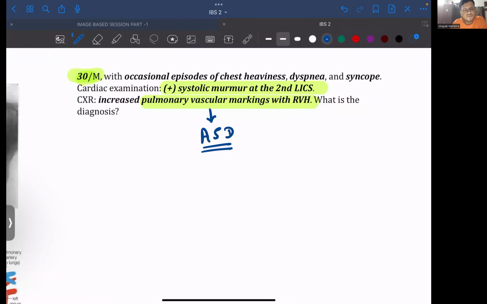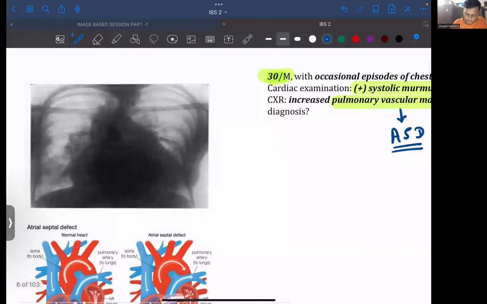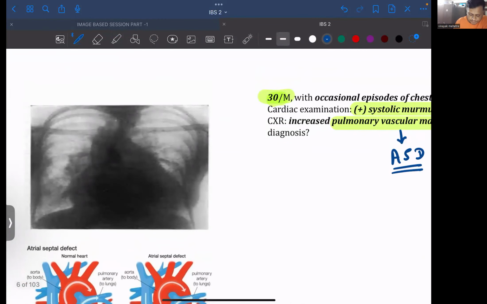Systolic murmur with increased pulmonary vascular markings is called the great Hyler dance. You would have heard this term, great Hyler dance, on fluoroscopy. This is not an X-ray. It is just the image. What you will see is a video.